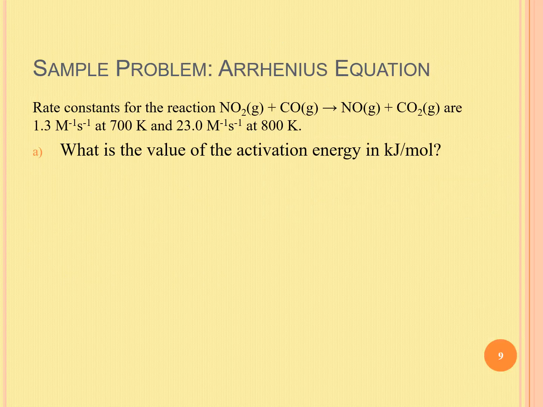Here we've got a sample problem using that Arrhenius equation. It says our rate constants for a reaction, nitrogen dioxide plus carbon monoxide producing nitrogen monoxide and carbon dioxide, are given at different temperatures. It says, what is the value of the activation energy in kilojoules per mole?